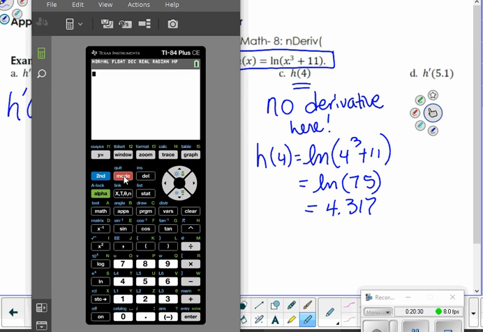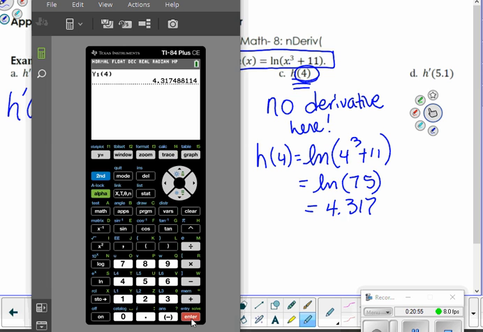Second quit. Now, I'm going to recall my function. I had this in y1. So I'm going to go alpha trace, which gives me my y variables. And y1, parenthesis that with a 4, close it. The reason I'm choosing 4 is because I'm evaluating y1 at 4. And there's that same number.